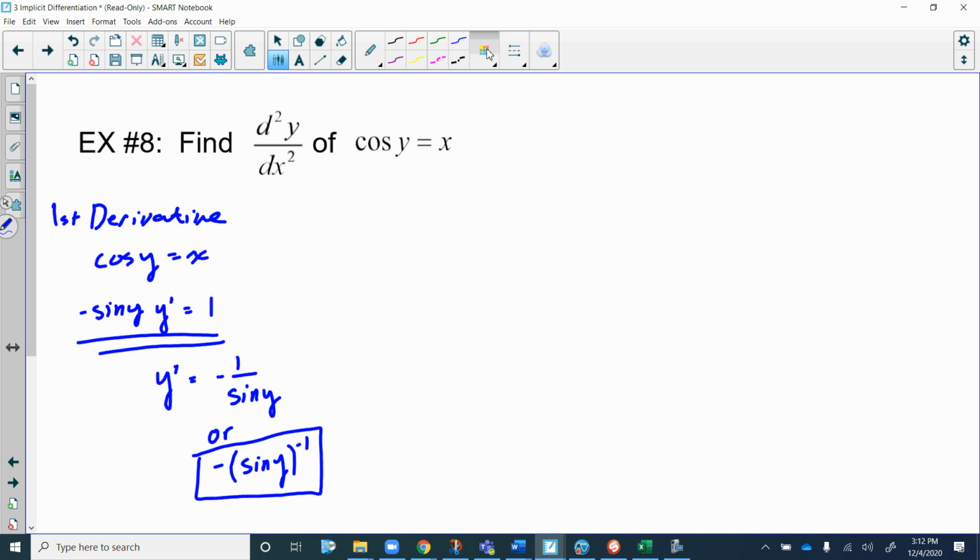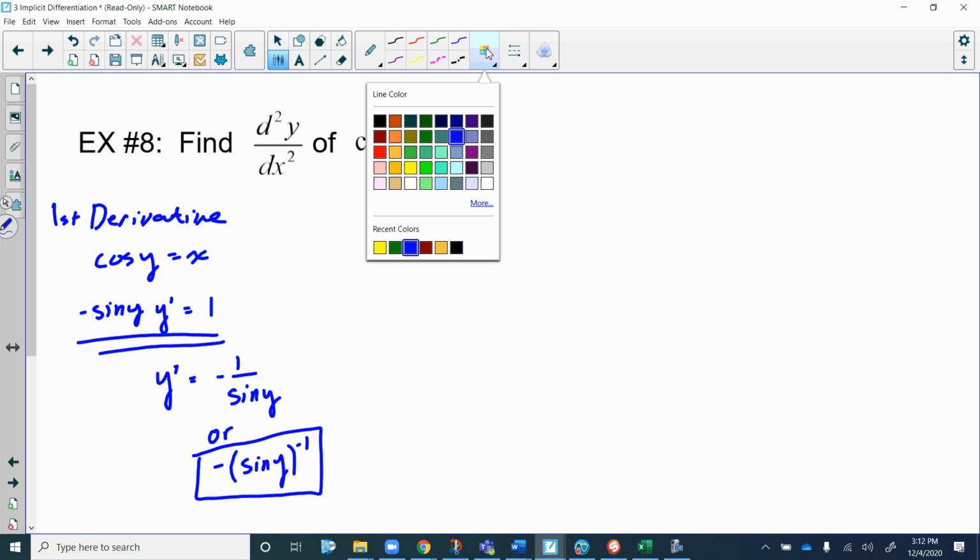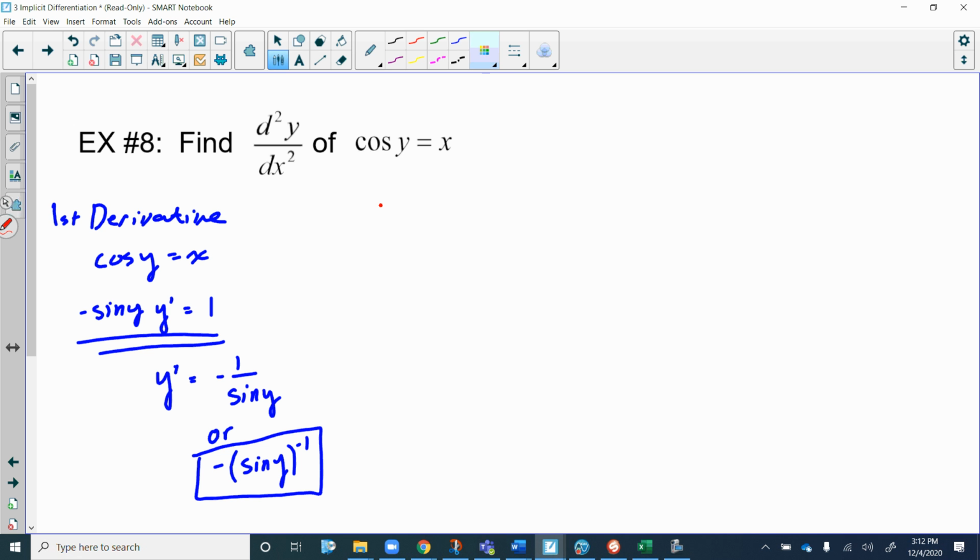So let's do the second derivative, and we haven't used red yet, so let's do the second derivative in red. Okay, so right now I have y prime is equal to negative sine of y to the negative 1 power.